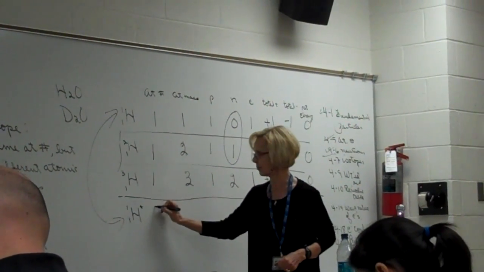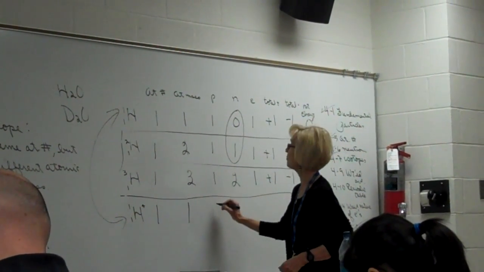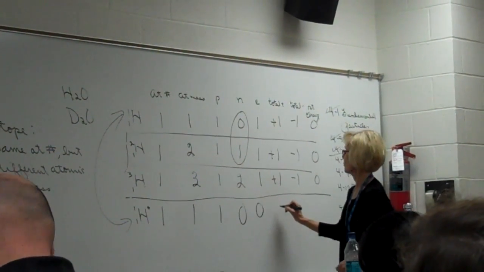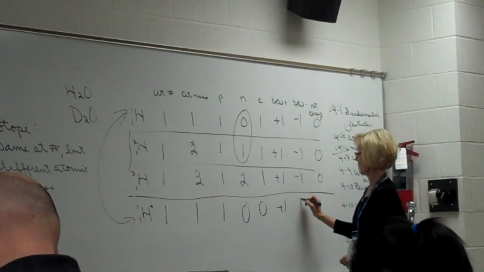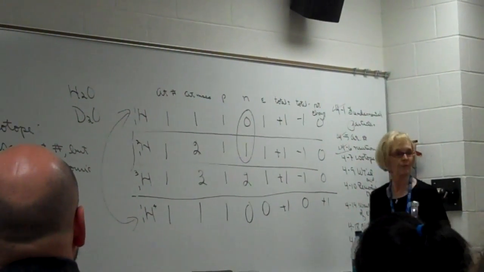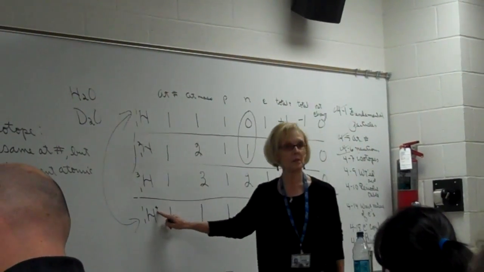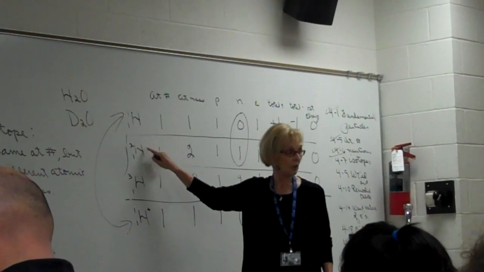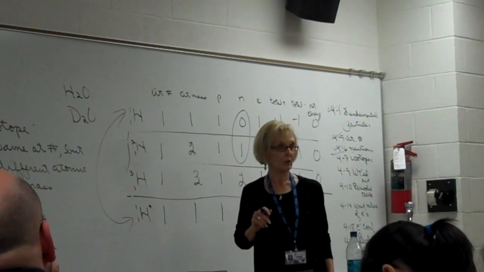Pedro, hit it. 1, 1, 0, 0, plus 1, 0, and then -1. Oh, the plus 1. Net charge is going to be the same as the charge showing up here. And remember how we always assume those are neutral unless the charge is showing.